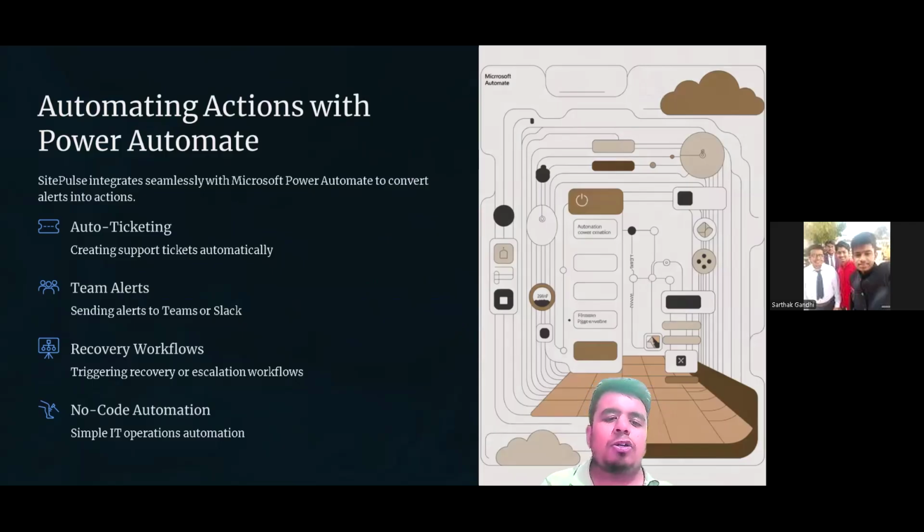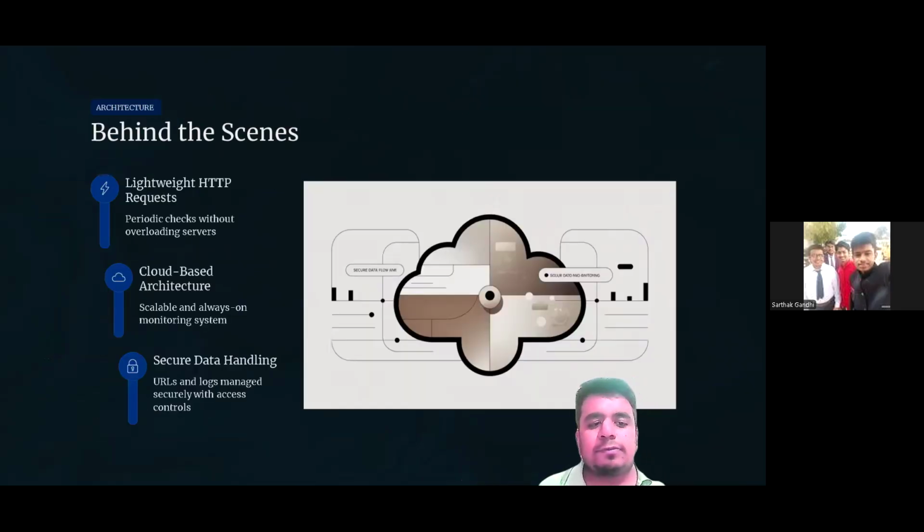Now we have automating actions with Power Automate: auto ticketing, team alerts, recovery workflows, no-code automation. These are some features we have used with Power Automate. That is why Power Automate is used, and all thanks for building Power Automate go to the biggest tech organization in the world, Microsoft. Now we have behind the scenes.